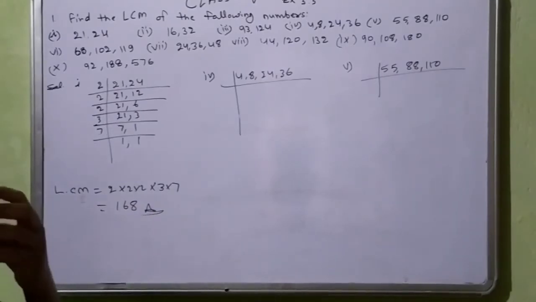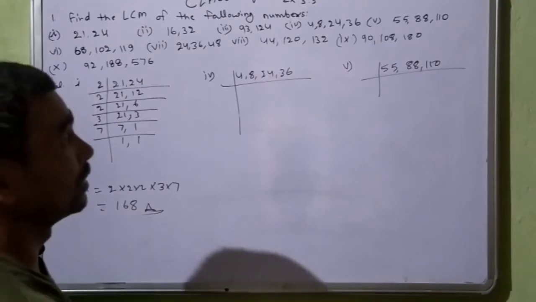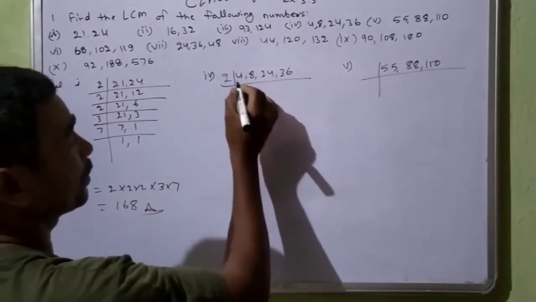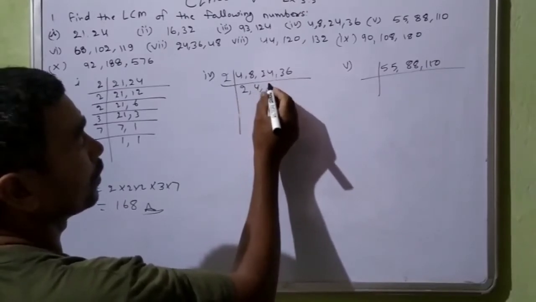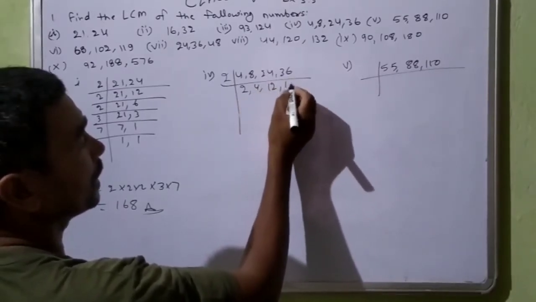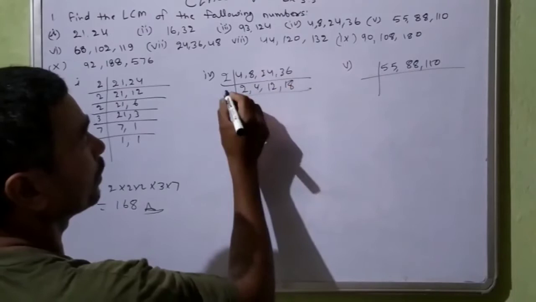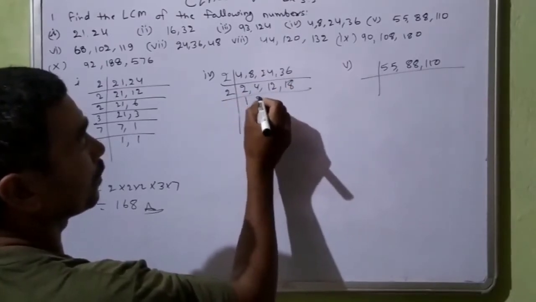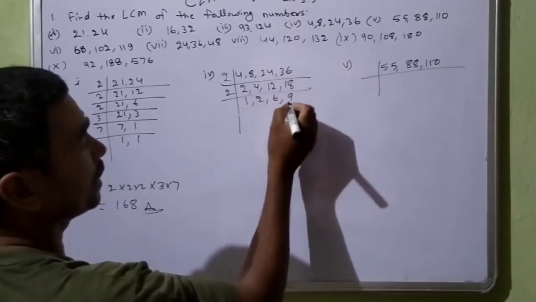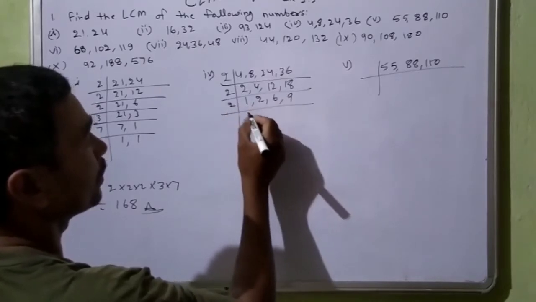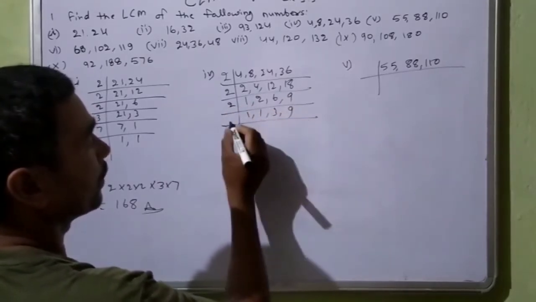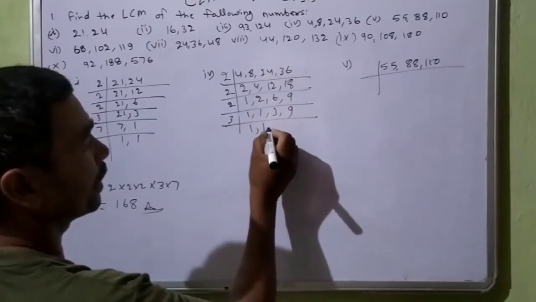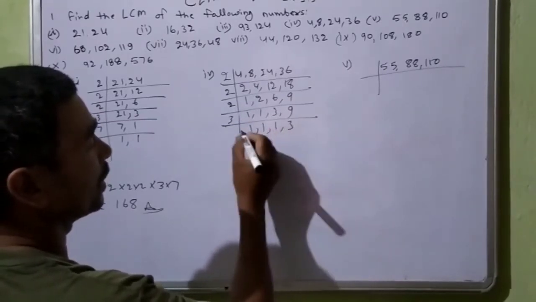Now the second part: 4, 8, 24, 36. First of all we will take 2 because 2 is dividing all the numbers. 2 twos are 4, 2 twos are 4, 2 sixes are 12, 2 nines are 18. Again by 2, 2 ones are 2, 2 twos are 4, 2 sixes are 12, 2 nines are 18. Again by 2, that's 1, 2 ones are 2, 2 threes are 6, that's 9. By 3, 1, 1, 1, 3.